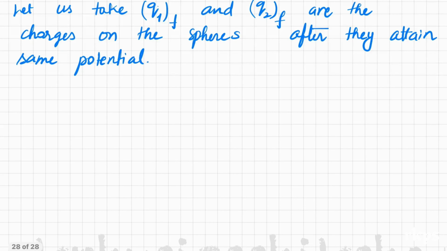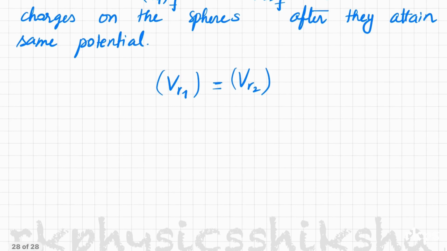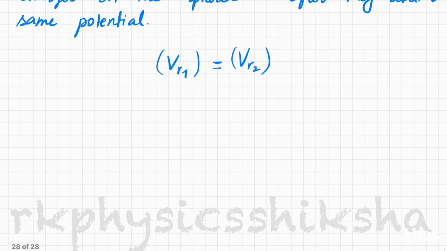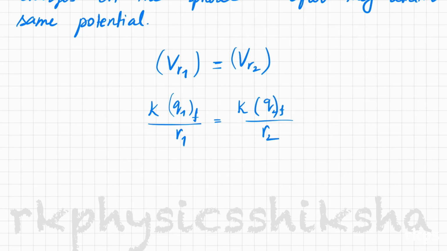As the potential of R1 equals the potential of R2, the charge transfer is over, and we have K into q1f by R1, the potential on the sphere of radius R1, and the potential on R2 is K q2f by R2.